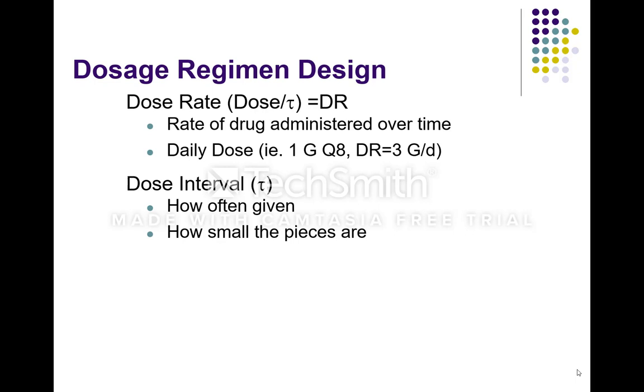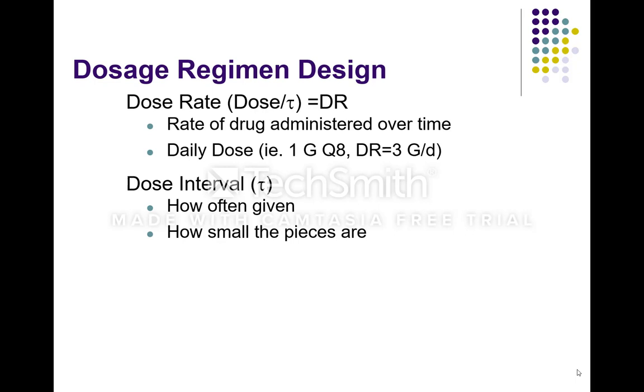Okay? But what's going to change if you give it 2 grams a day, 1 gram every 12, or 500 every 6? What is going to change? The CSS average will stay the same, but what will change? The peak and the trough. Absolutely.